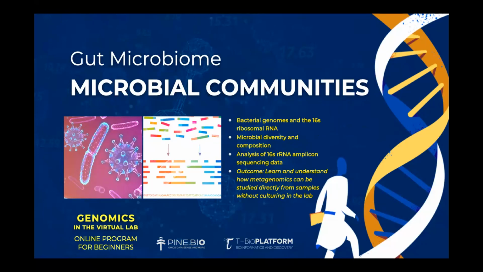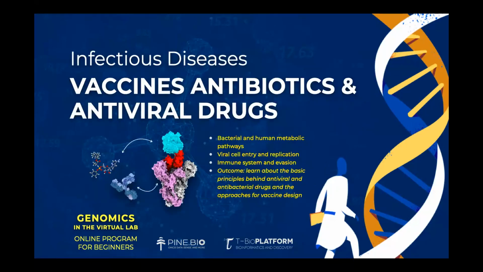Very powerful technique, and is being widely used in many of these natural and difficult times in this pandemic. So followed by this, once we have the understanding of genomics and its application, metagenomics and its application, we will learn about the vaccine, antibiotic, and antiviral drug and its strategy.